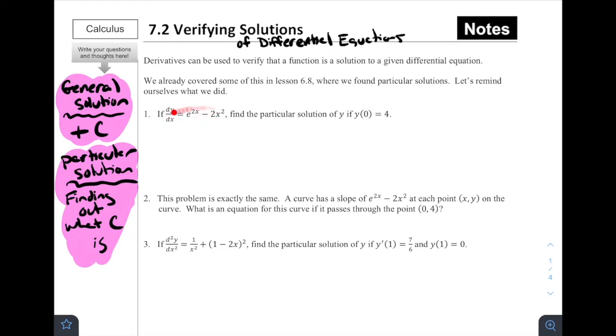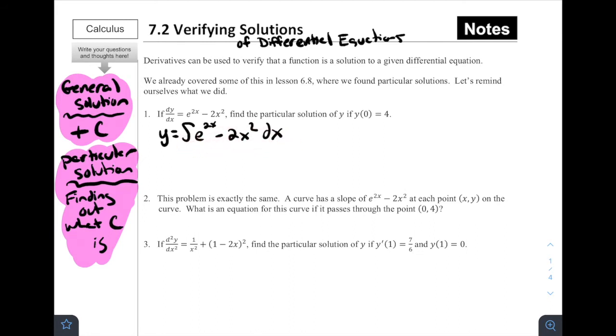So what we're going to do here to find this is say, all right, well, if dy dx is this e to the 2x minus 2x squared, if we take the integral of each side, then y is going to be the integral of e to the 2x minus 2x squared dx. All right, throw back to chapter 6. We're going to need to take the antiderivative of the right side of this equation.